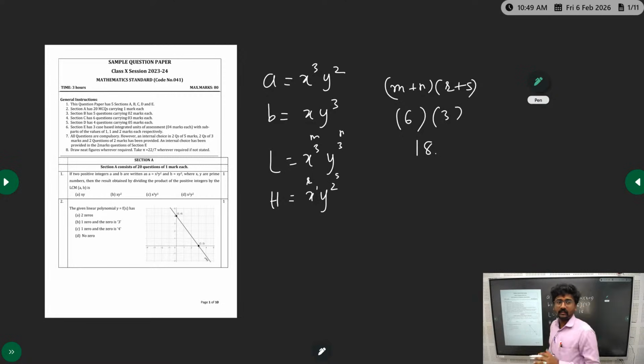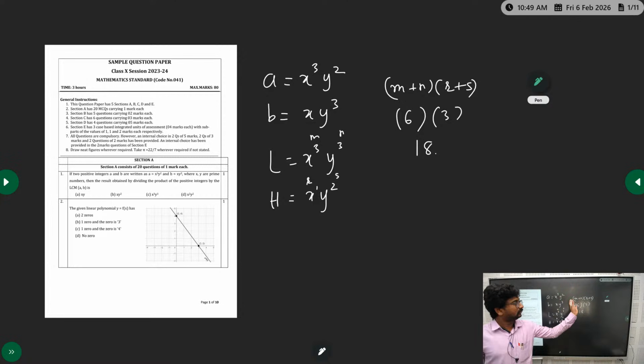So whatever they may ask, the multiplication of powers, or even the addition of all those 4 powers: m plus n plus r plus s, or m plus n by r plus s. It will be 2. Yes or no? 6 by 3 is what? 2. If you add all those, 6 plus 3, 9. Multiply, 8. Division, 2.